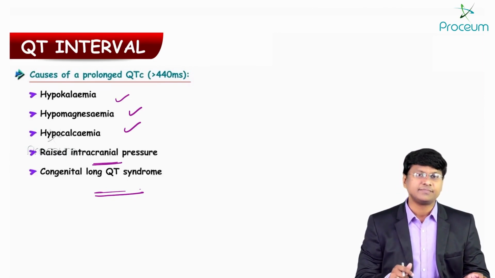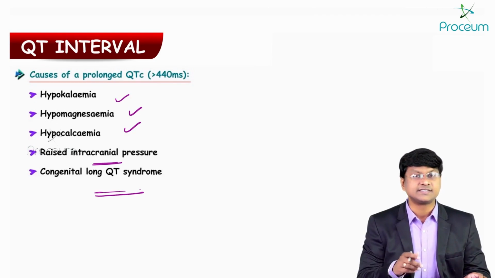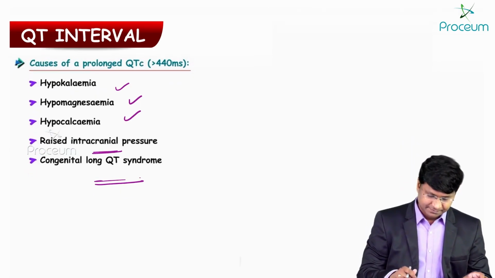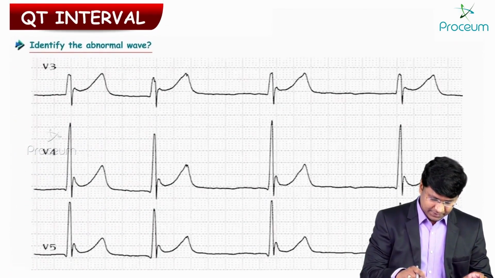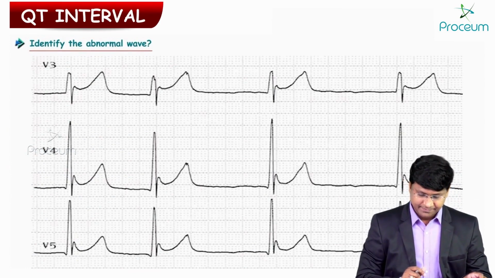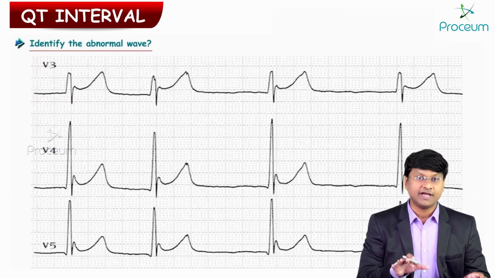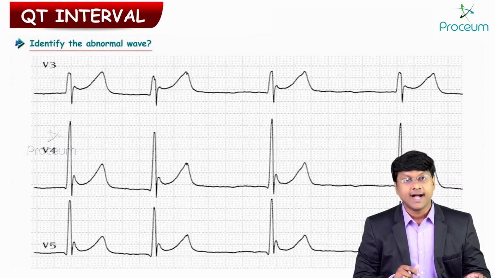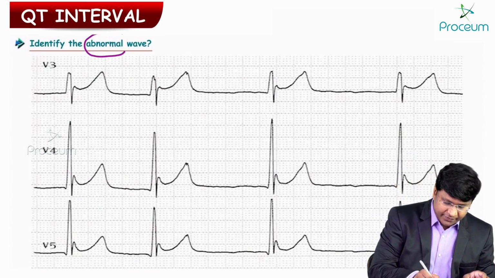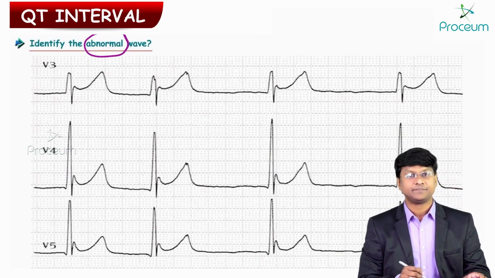Now, apart from these conditions, the other clinical scenarios where you can have prolonged QT interval, I'll just show you one ECG complex. If you take this ECG complex here, definitely you have the prolonged QT interval. Along with the prolonged QT interval, there is some abnormal wave which you need to identify.